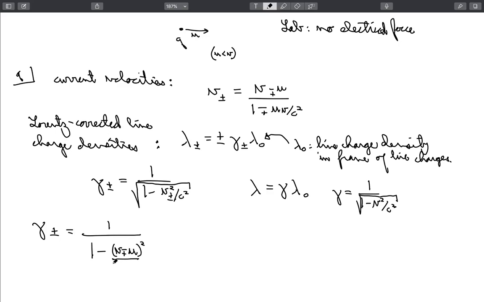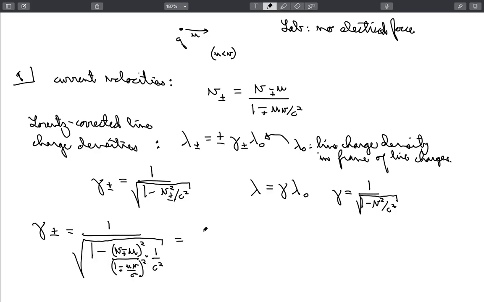So 1 minus or plus uv over c squared, and then of course there's a 1 over c squared here, coming from this one, and all this in the square root. Okay, so let me just remultiply this denominator. I'm going to scale everything with the light velocity.